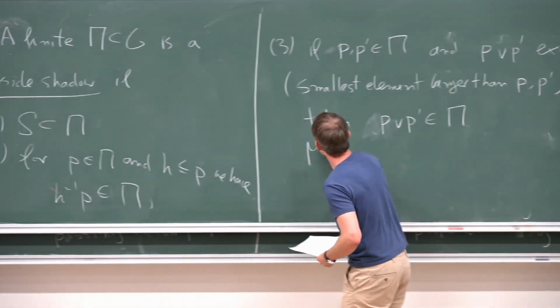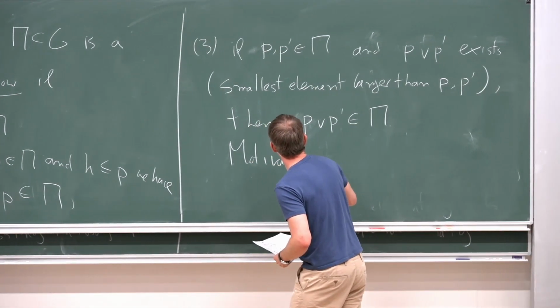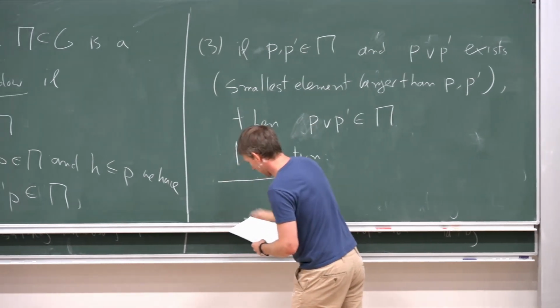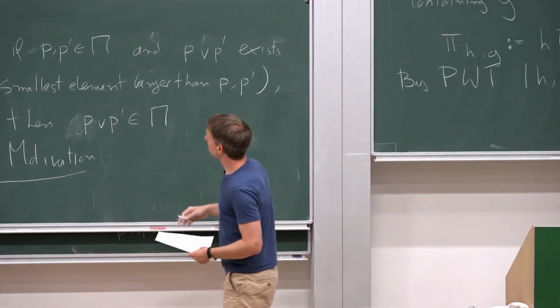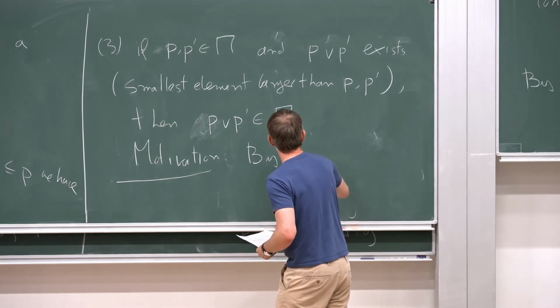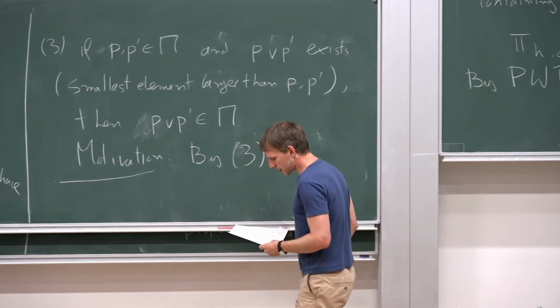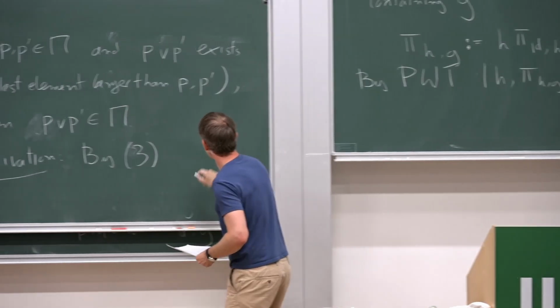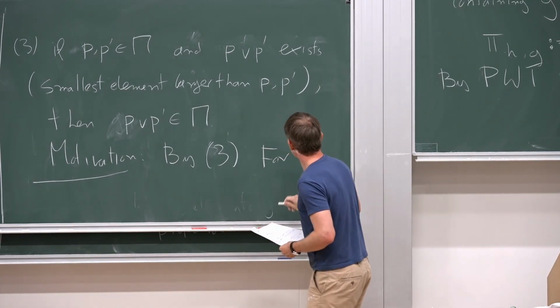Okay, so now for some motivation. First of all, let me motivate point 3. How this point 3 will give rise to a nice path system in the group. So let's fix for a moment a group element.